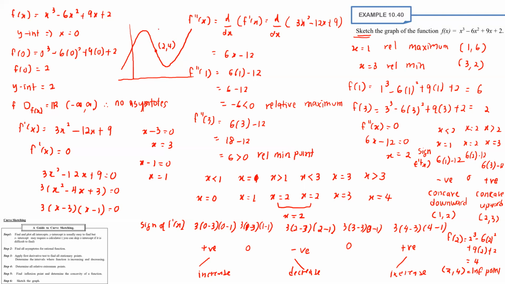This one is the stationary point 1, 6, and this one is the relative minimum 3, 2. So this is our graph, f x equal to x to the power of 3 minus 6x squared plus 9x plus 2.